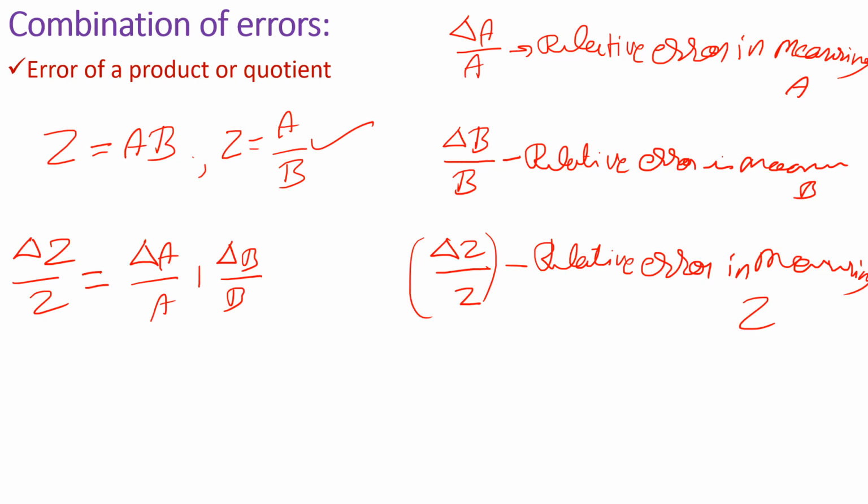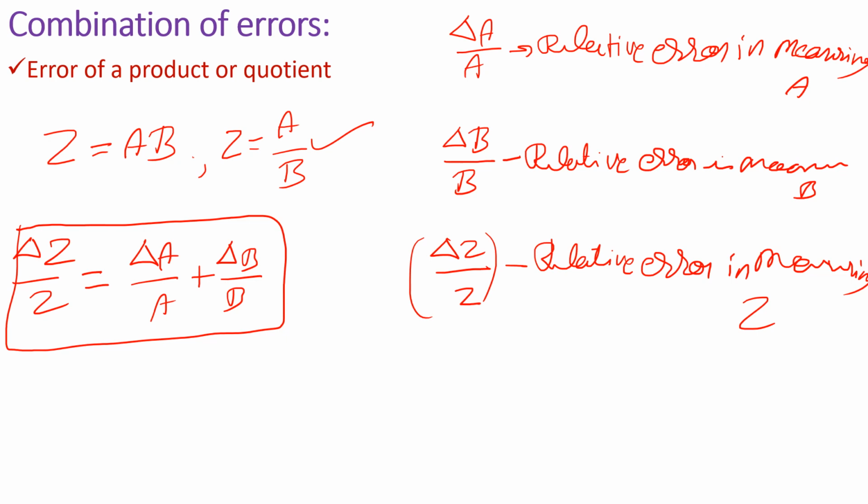That means the relative error in the measurement of any quantity Z is equal to the relative error in the measurement of A plus the relative error in the measurement of B, when any two quantities A and B are multiplied or divided. Even if they are divided or even if they are multiplied, the error will always get added up.